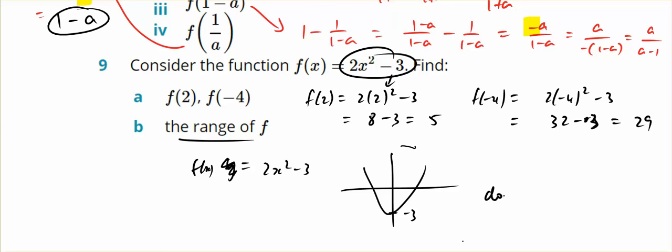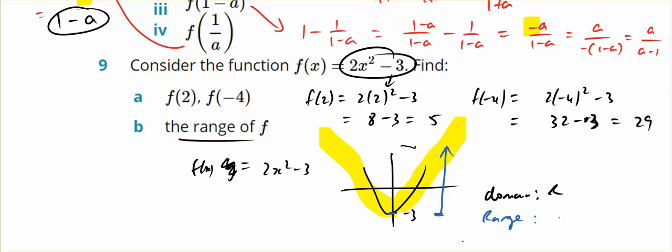So our domain, if we look at the graph, is reals, because it can go to infinity and beyond from here, and to negative infinity and beyond on both sides. So the domain's reals, and the range is from negative 3 to infinity. You're starting at negative 3 and goes to infinity.